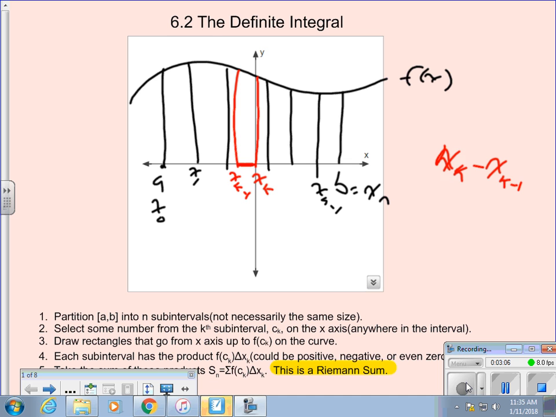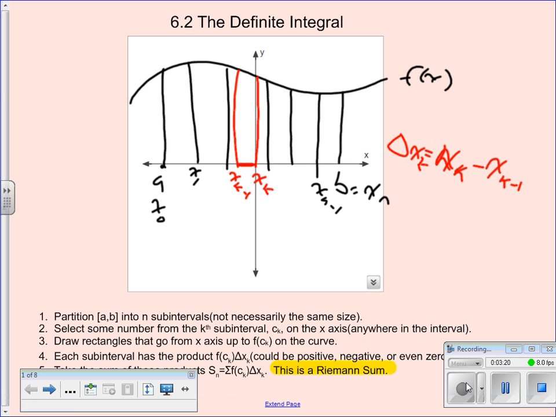Because it's a random one, we're going to call that delta x, our change in x, delta x sub k for our kth interval. That's our width.